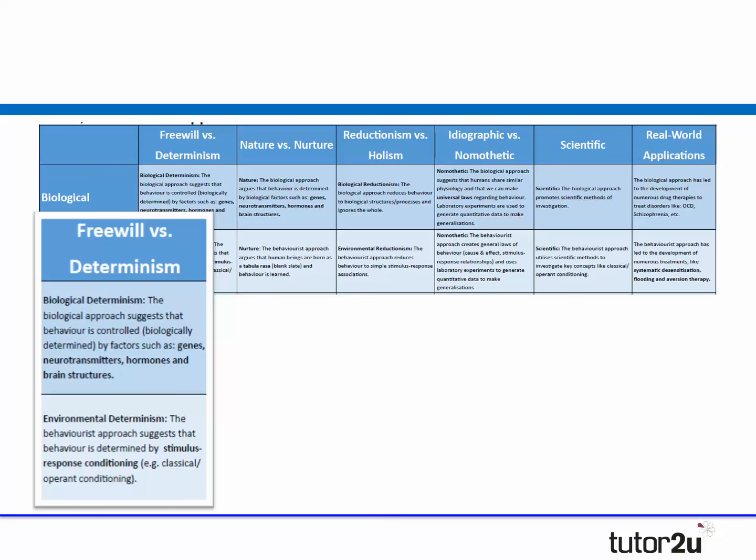And this is the idea that the biological approach suggests that our behaviour is controlled by factors, for example, genes, neurotransmitters, hormones, brain structures, and so forth. The behaviourist approach, on the other hand, is also deterministic, but it believes in a determinism called environmental determinism. And this suggests that our behaviour is determined by stimulus and response conditioning, for example, classical and/or operant conditioning.